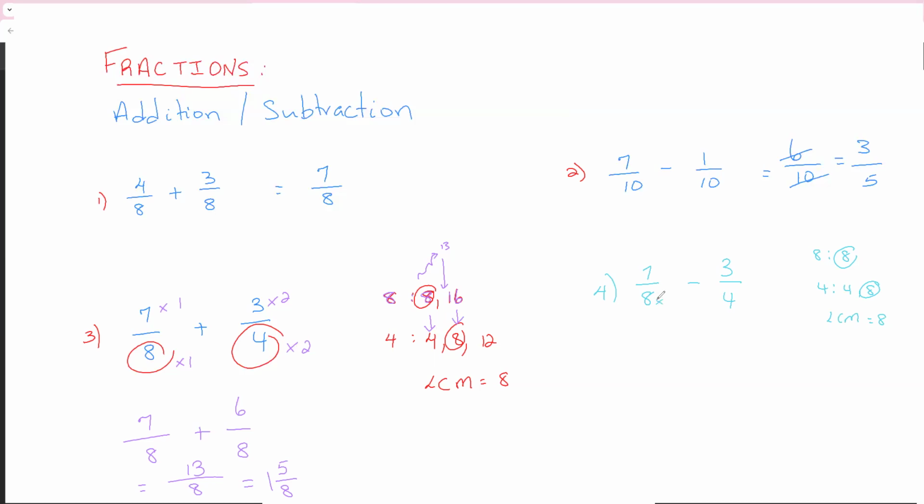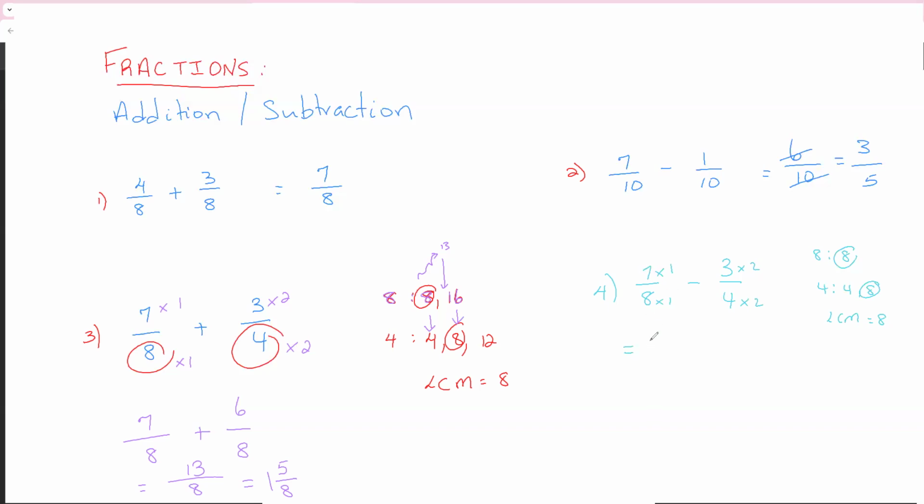Whatever I do to the bottom to make this 8, it's already 8, so we multiply by 1. We must do it to the top. Whatever I do below here to make it 8, right? So 4 times 2, that's 8. I do it to the top.